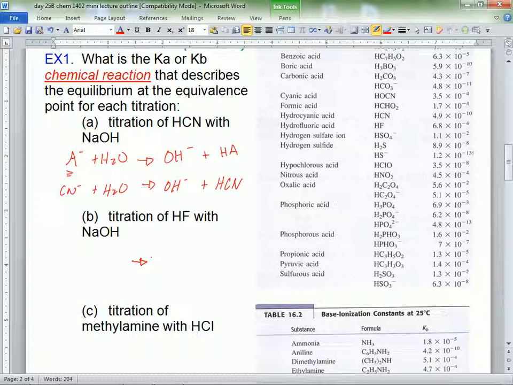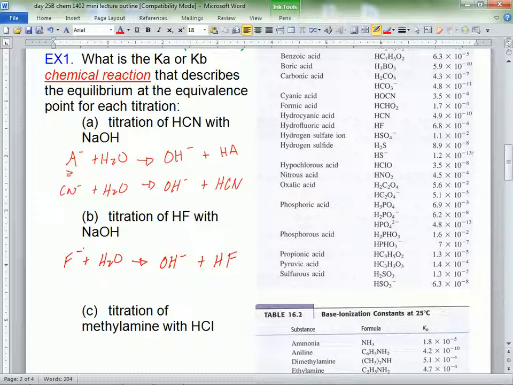So if you titrate with a base, you're going to have to write a Kb reaction. What Kb reaction would that be, Jasmine? And fluorine's negative.